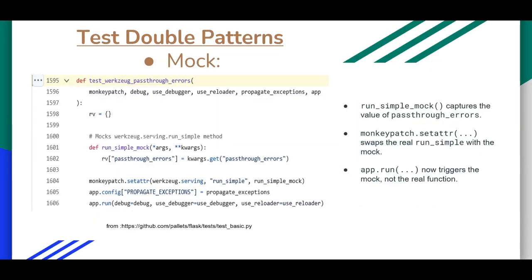So now I will walk you through how a mock, which is a type of test double pattern, is used in the Flask test suite. The mock is used in the test function test_werkzeug_passthrough_errors. This test checks how Flask configures error handling when it launches the development server. Specifically, it wants to know if Flask sets the passthrough_errors option correctly.